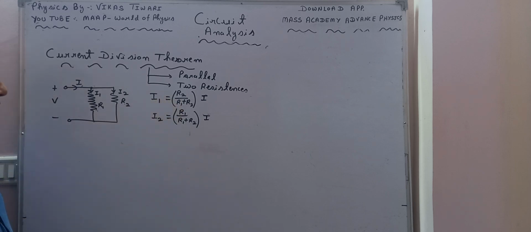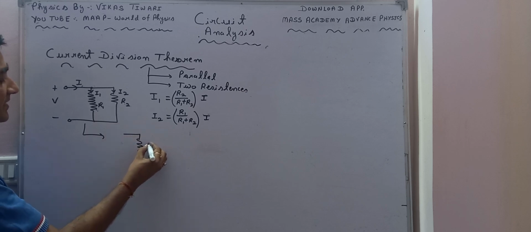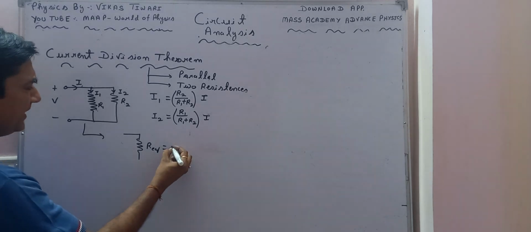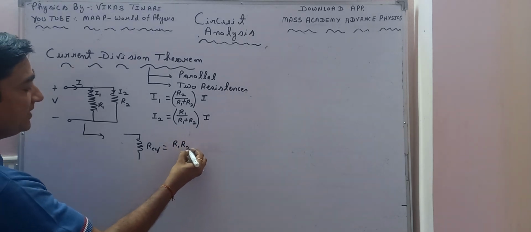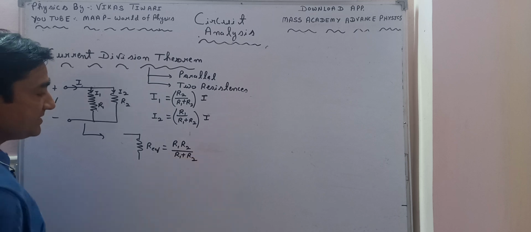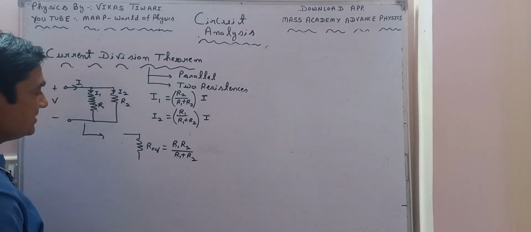Now one more important thing I want to tell you: what is the proof of this? Say the equivalent resistance of this circuit is R equivalent. When two resistances are in parallel, their equivalent resistance is R1 R2 upon R1 plus R2.